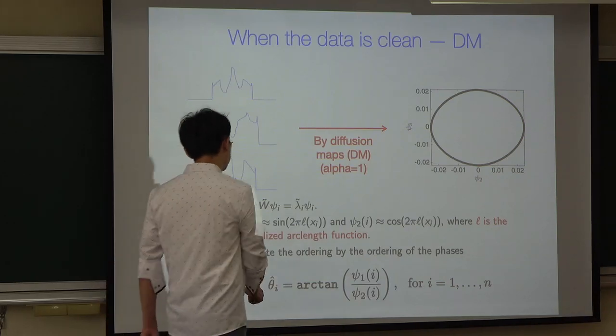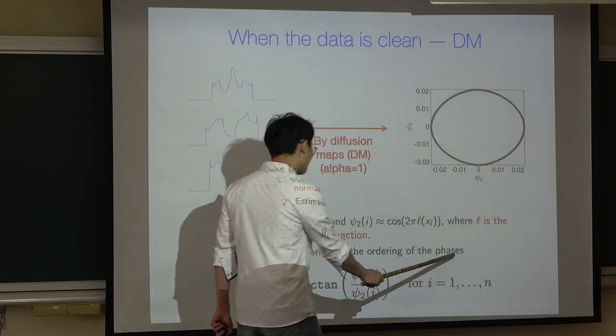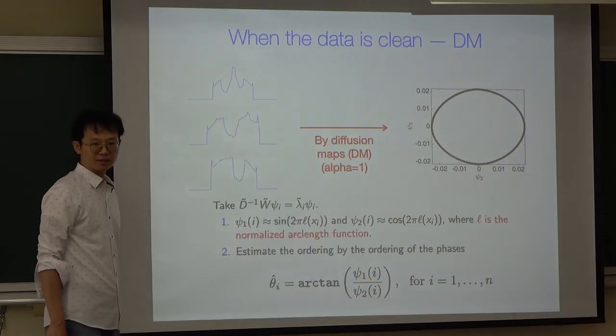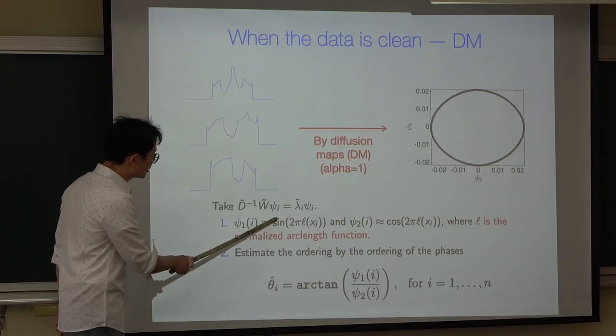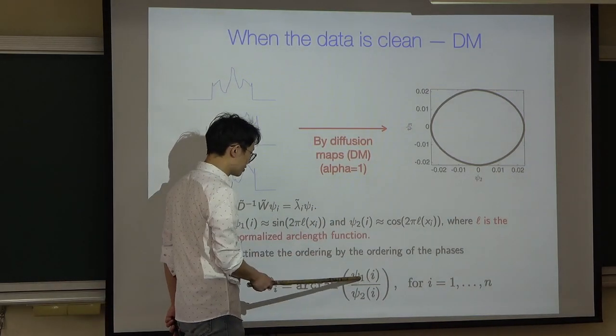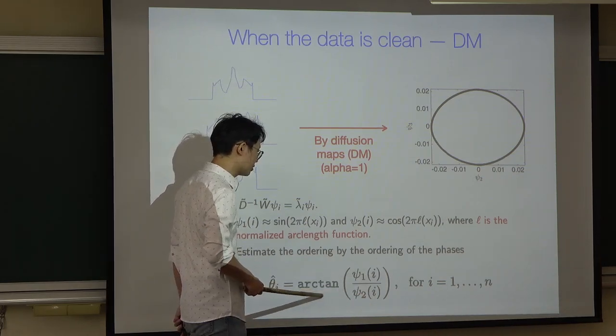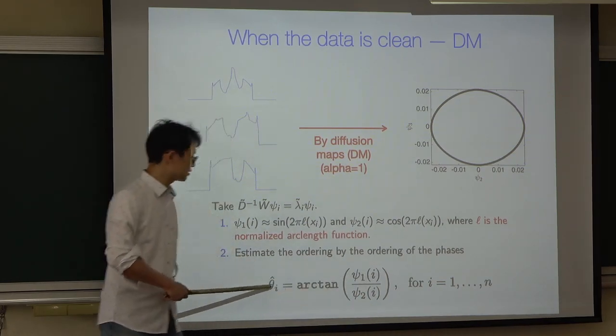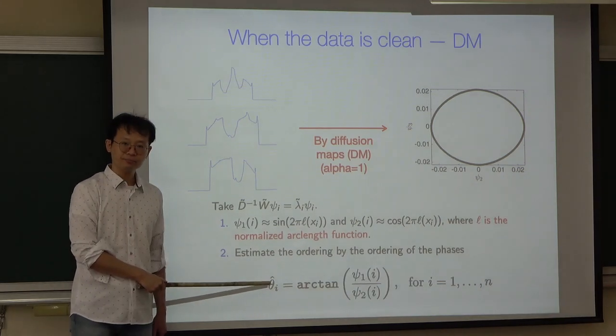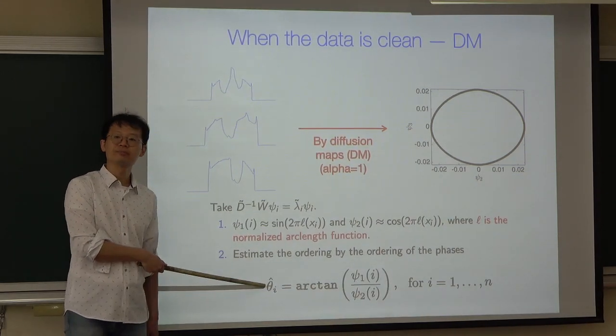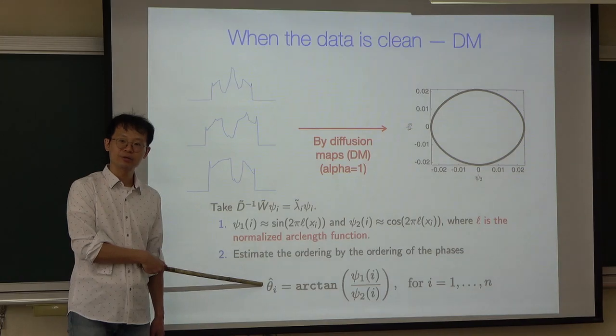Then you just estimate the ordering by the ordering of the phases. That is, you know this is sine, this is cosine, so you just consider sine over cosine, the division, and find the arctangent. And once you find the arctangent, you get the theta estimation. And that will be our estimated desired projection direction.